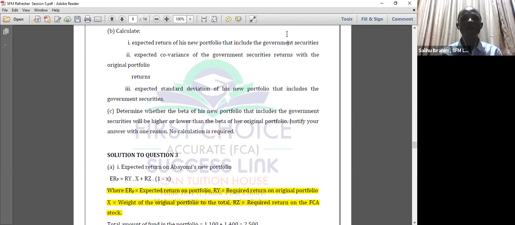It means the investor has not diversified, because the interpretation of positive correlation is that whatever is affecting one of the investments is equally affecting the other. So if the return of one is increasing, the return on the other will also increase. If the return on one is decreasing, the return on the other is also decreasing. So the investor has not diversified if the correlation coefficient is positive.